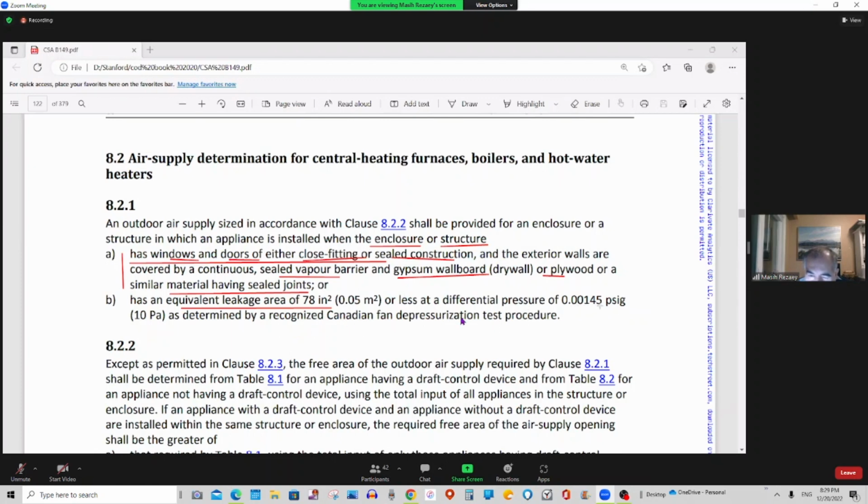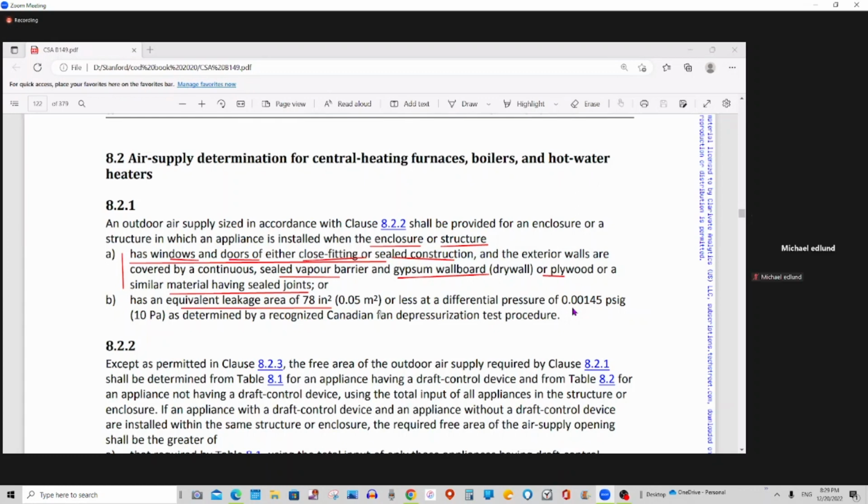Differential pressure, when it's tight, there won't be any pressure between indoor and outdoor, right? This is the differential pressure. It won't get negative pressure. Do you remember 0.02? We had it previously, 5 Pascal. And here it says the differential pressure of 10 Pascal, depressurizing test procedure.